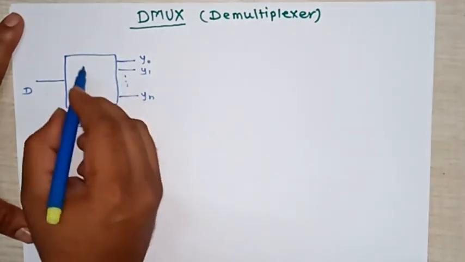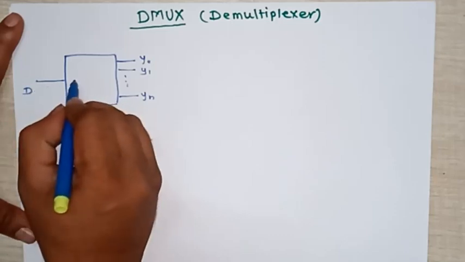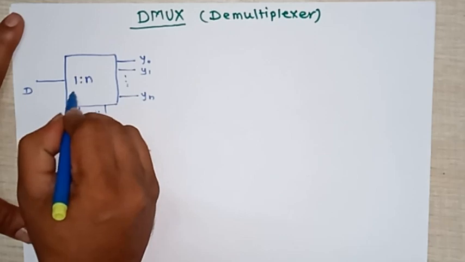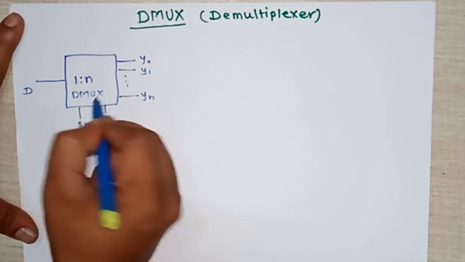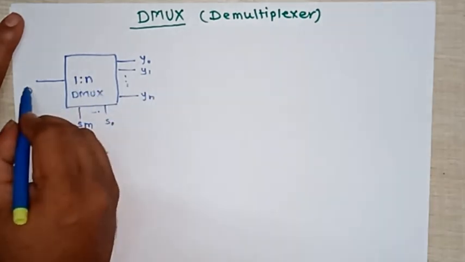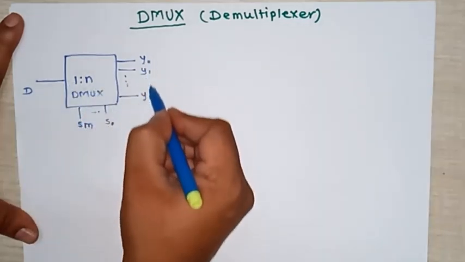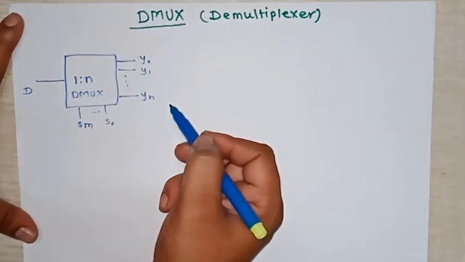So this is demux. It is referred to as 1 to n demux, where 1 indicates the number of inputs and n indicates the number of outputs.